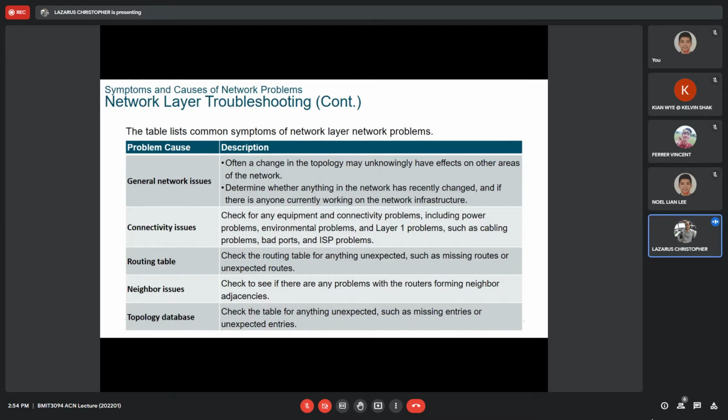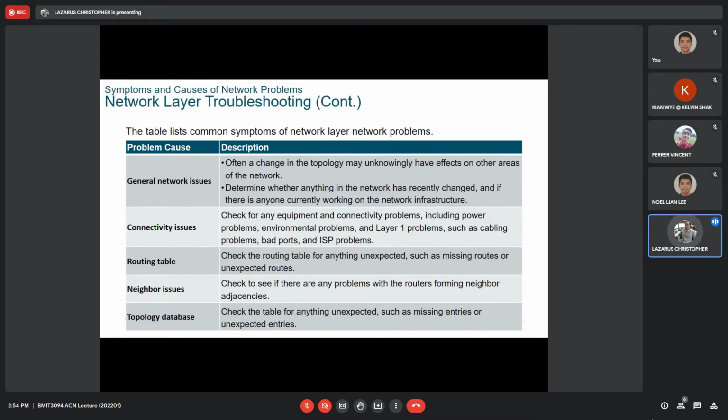If they cannot, they cannot share routing table information, so the routing table doesn't have enough information and the router cannot route. That's why there's a connectivity problem, and this can also cause it.